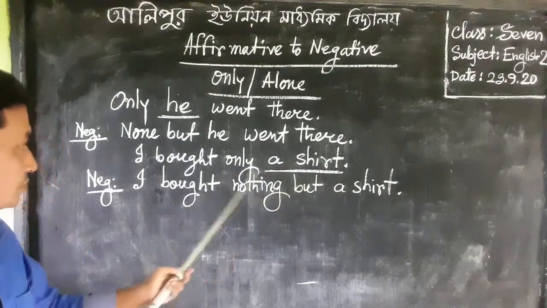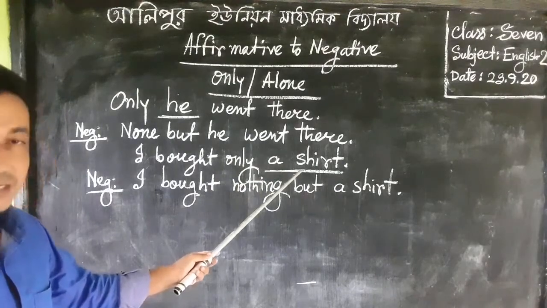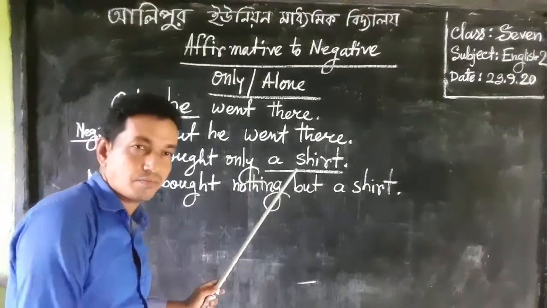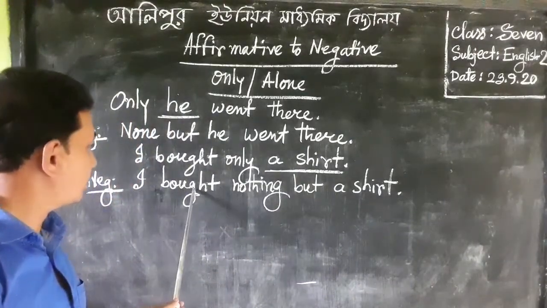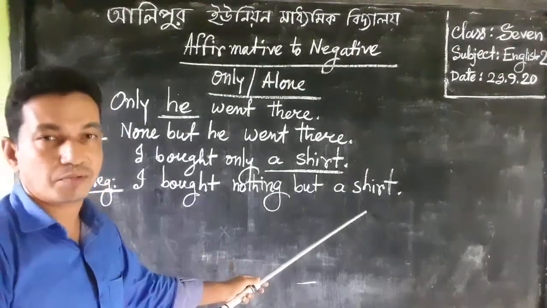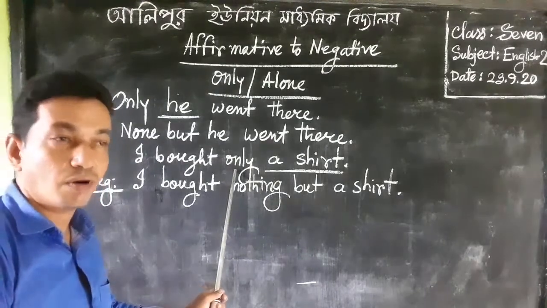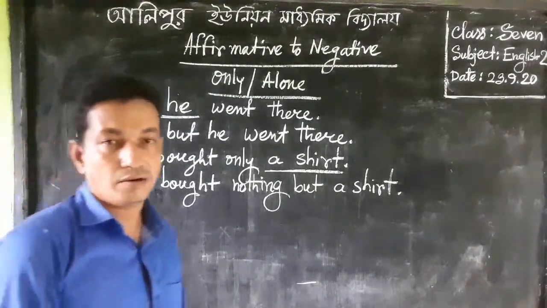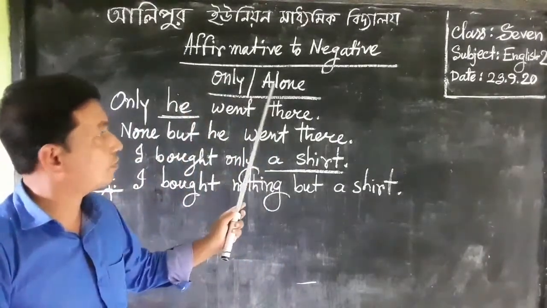This is the affirmative sentence, and here only indicates a shirt. It is not a person but a thing. So we should write, I bought nothing but a shirt. As shirt is not a person, we should write nothing but instead of only. Okay, dear students. Now I am going to give another example using only or alone.